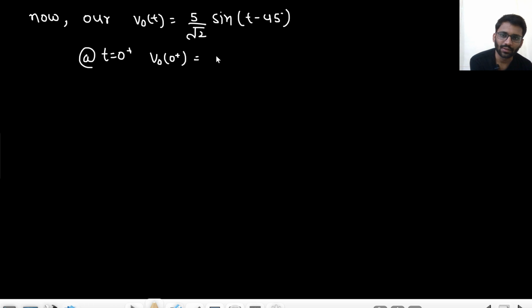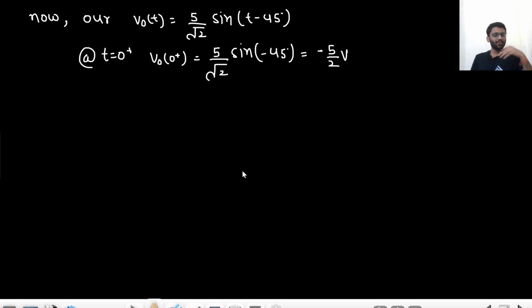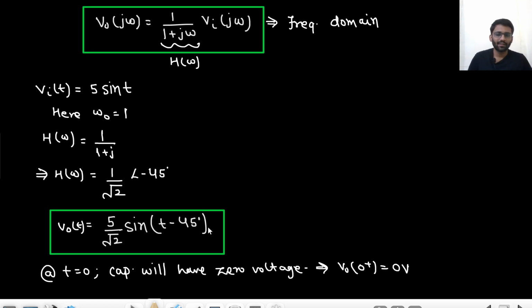You get 5 by root 2 sin(minus 45 degree), so it would be minus 5 by 2 volt. From your V naught t, you are expecting minus 5 by 2 volt. But in actual, this output will be 0 volt. So this V naught t that you calculated is wrong.